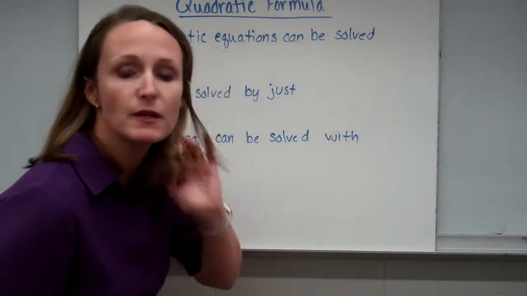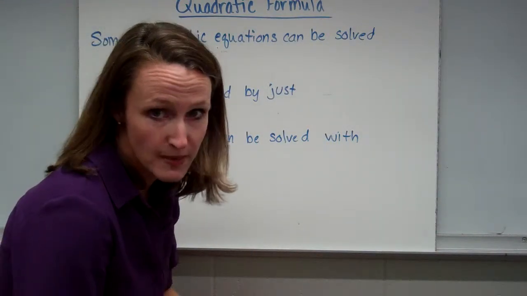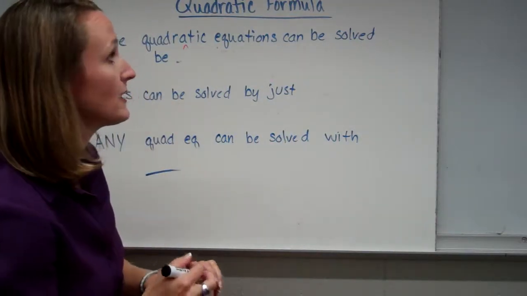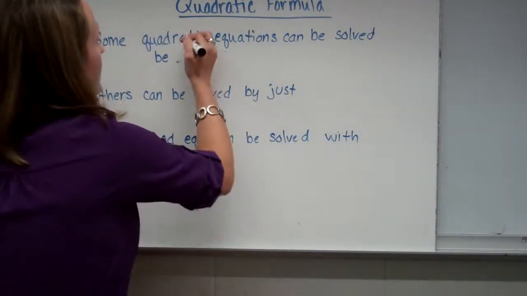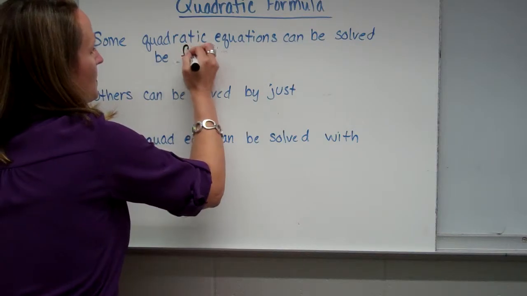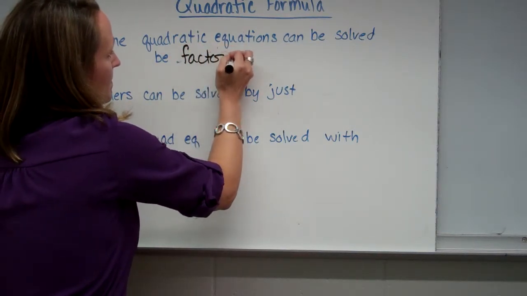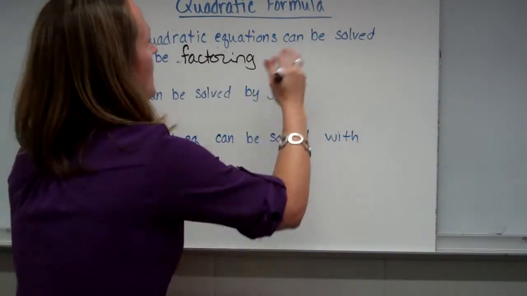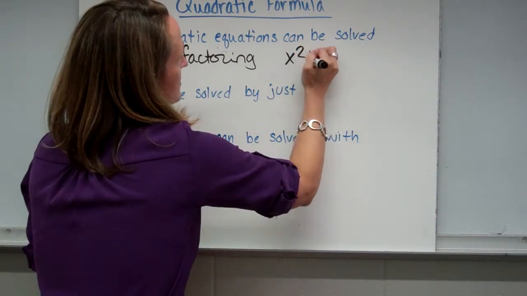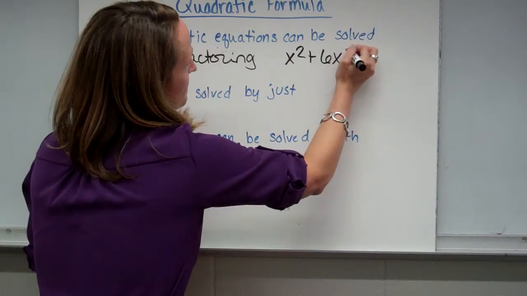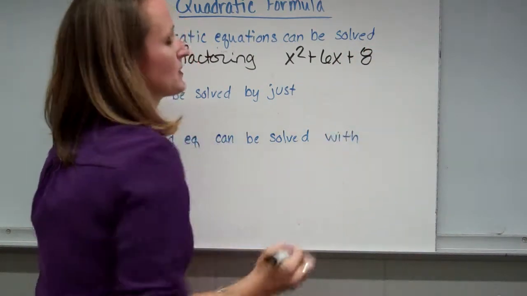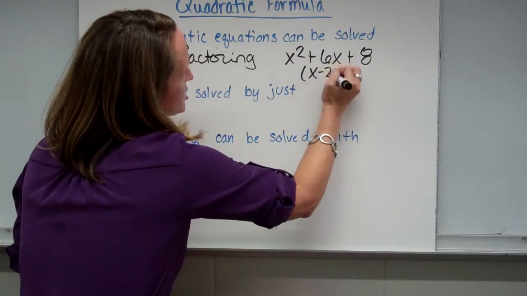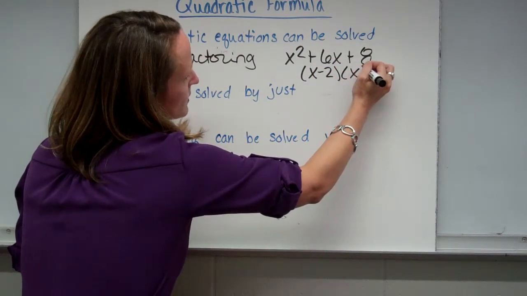So in this video, we're going to talk about using the quadratic formula to solve quadratic equations. We've already talked about how some quadratic equations can be solved by factoring. For example, if you had the equation x squared plus 6x plus 8, you would factor it out and get x minus 2, x minus 4.